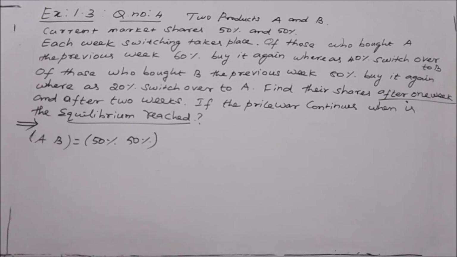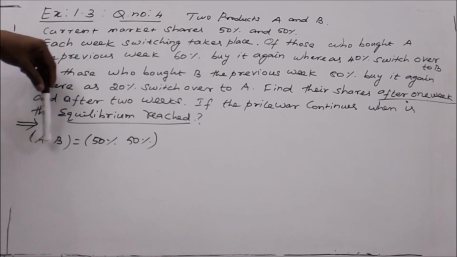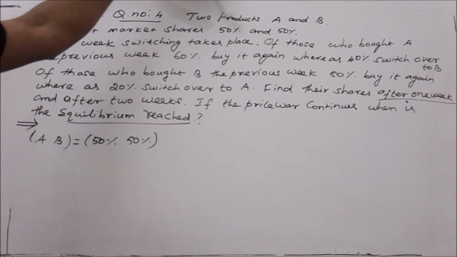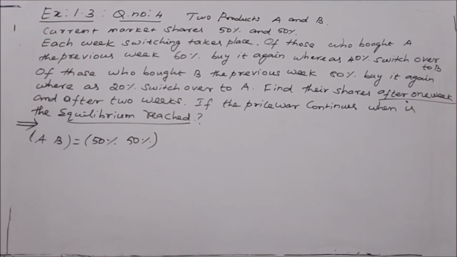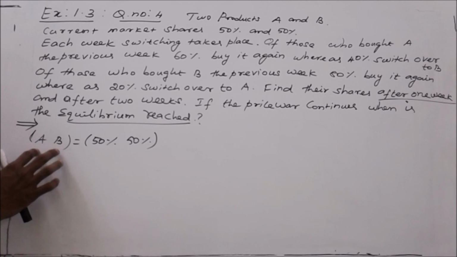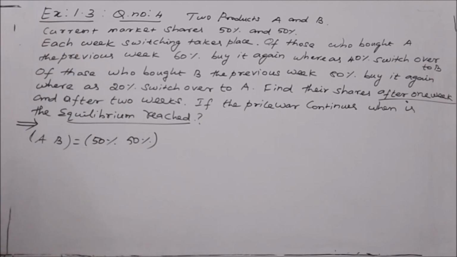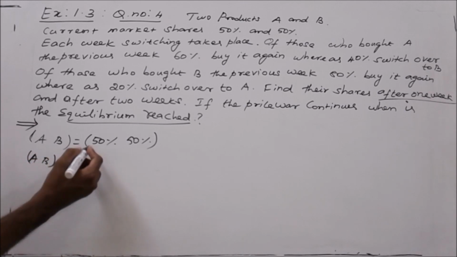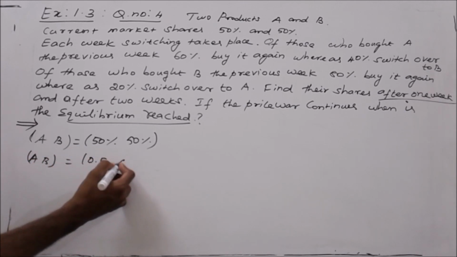Similar to the previous problem, that is very easy. Directly we can write the distribution AB. The products A and B have 50%, 50% present position. So at present AB equal to 0.5, 0.5.